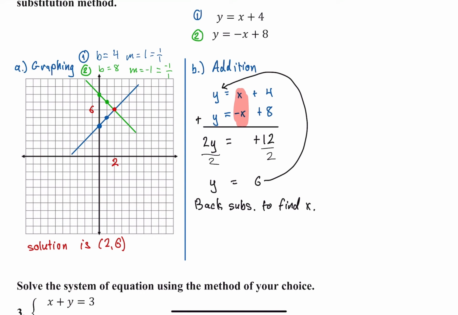So we're going to end up with 6 plus x is equal to 6 equals x plus 4, and subtracting 4 from both sides, you end up with 2 is equal to x, or more commonly written with the variable on the left, x is equal to 2.